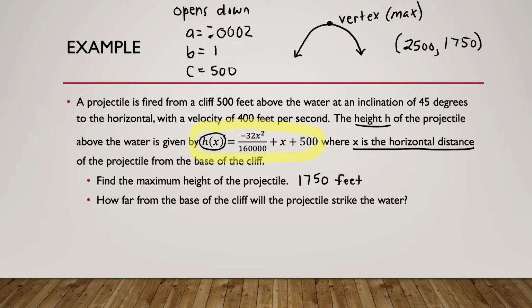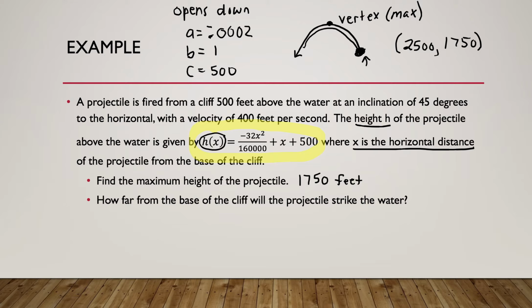So we're not looking at anything at this point to do with the vertex, but instead we're looking at when the projectile strikes the water. So this projectile is shot up, it has a maximum up here, and then it comes back down and it hits the water right here.